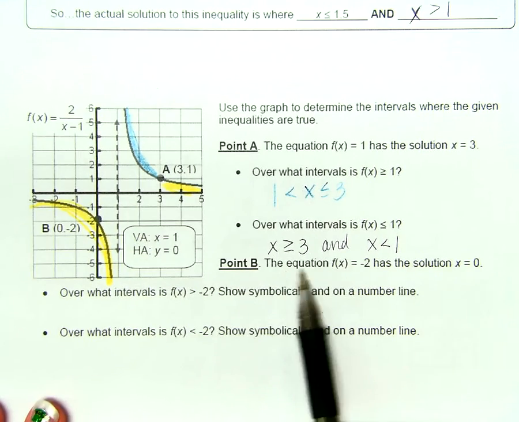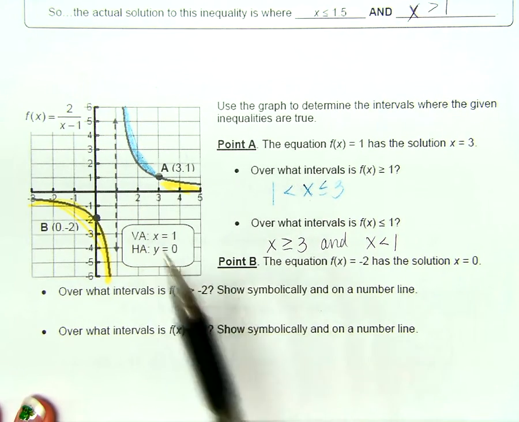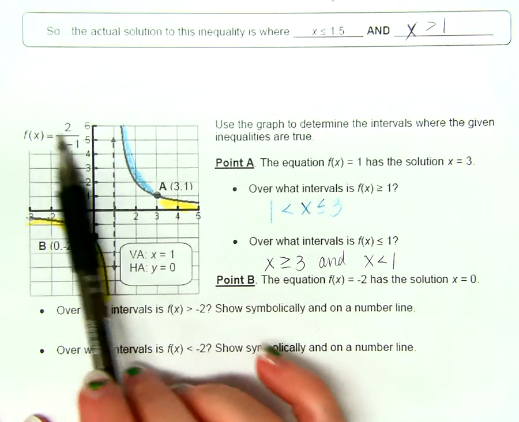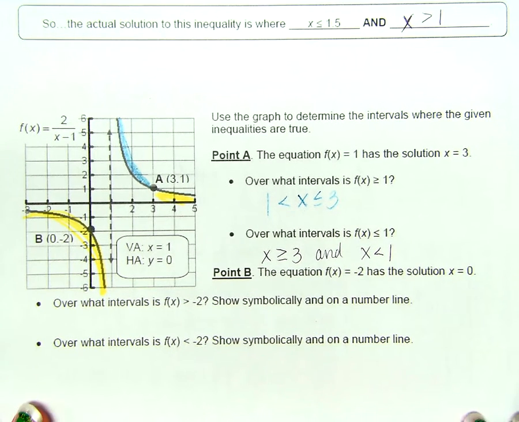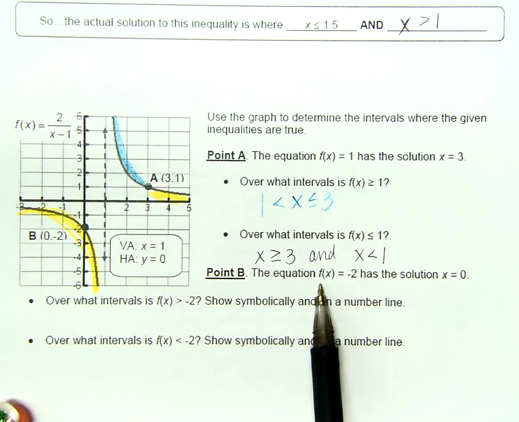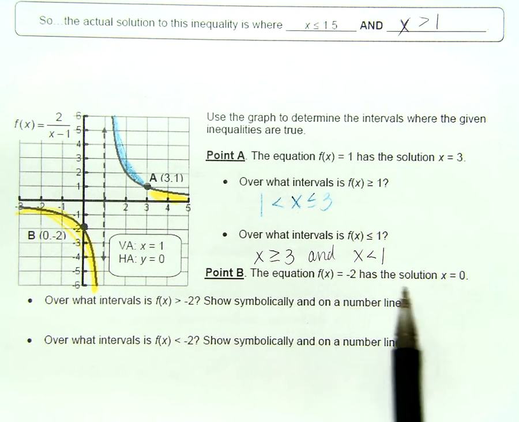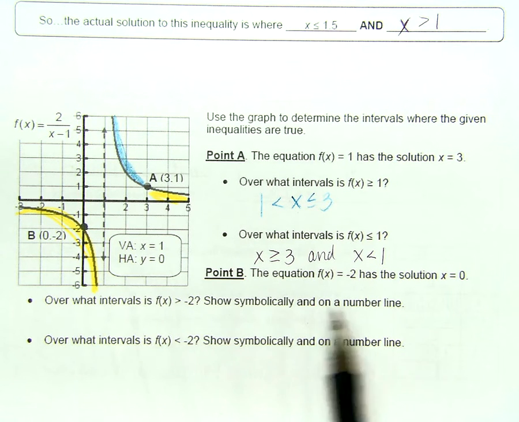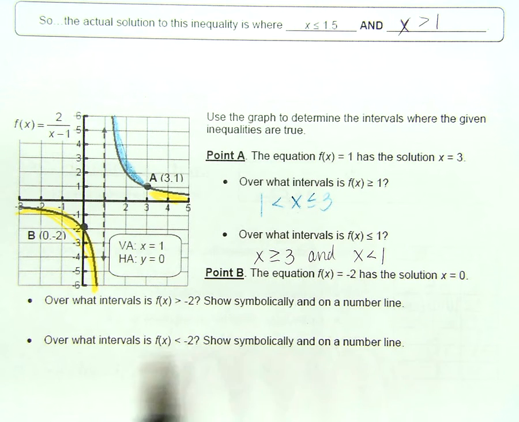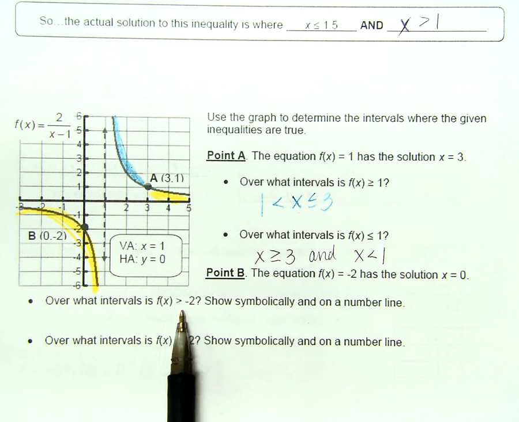Okay, so look here. This equation again, now it gives you an equation up here. We haven't looked at the actual given formula for that yet, but we haven't really needed to so much. Okay, the equation f of x equals negative 2 has a solution at x equals 0. So this is point B. Okay, when x is 0, y is negative 2, right? So over what intervals is the value of the function greater than negative 2?